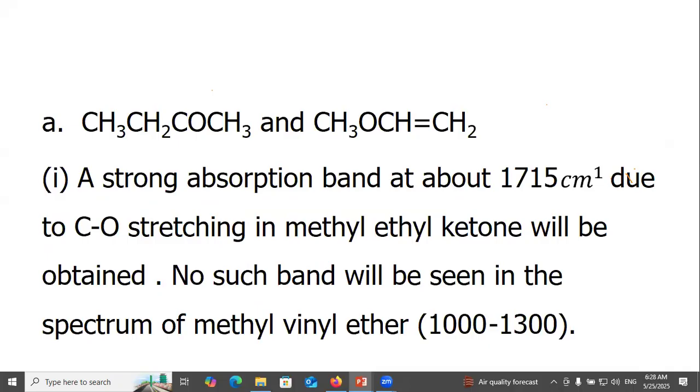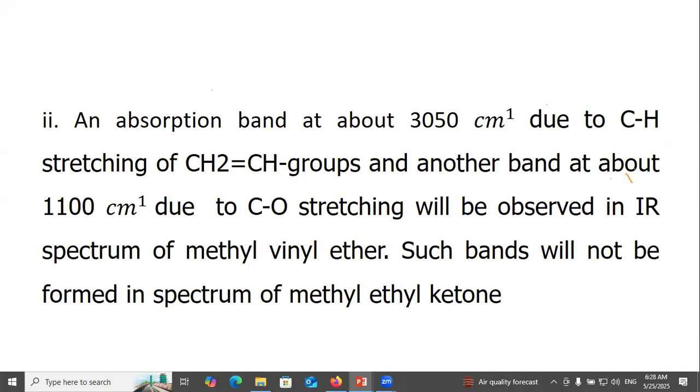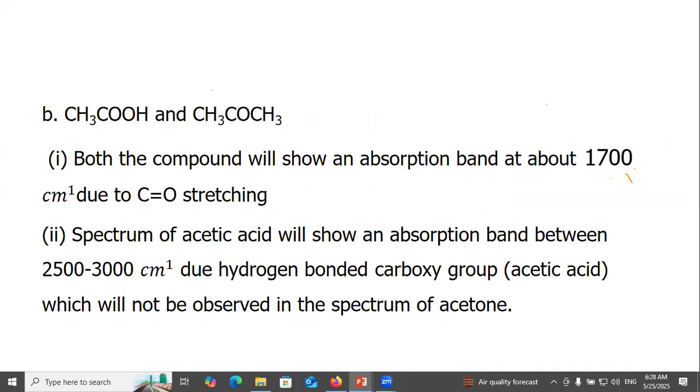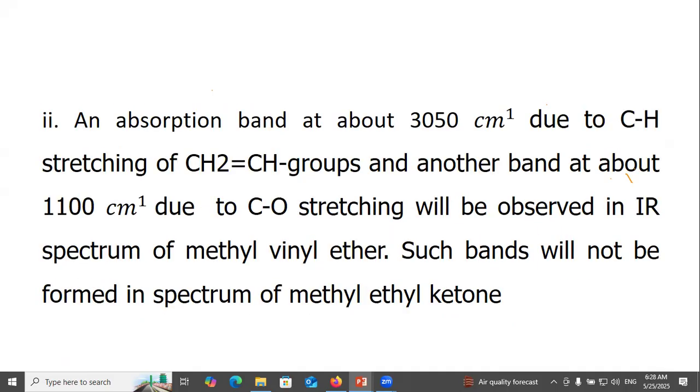Methyl vinyl ether shows the 3050 per cm C-H stretching and 1100 per cm C-O stretching, which will be observed in the IR spectrum of methyl vinyl ether. Such bands will not be formed in the spectrum of methyl ethyl ketone.